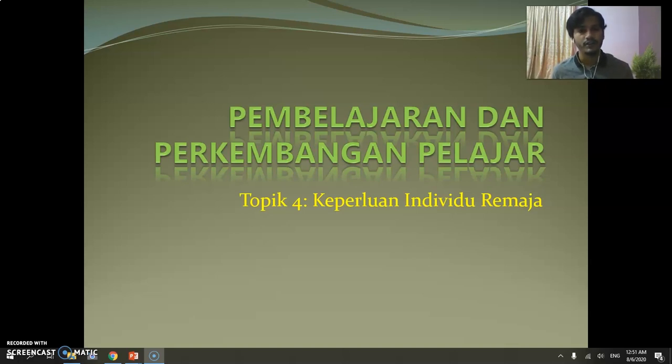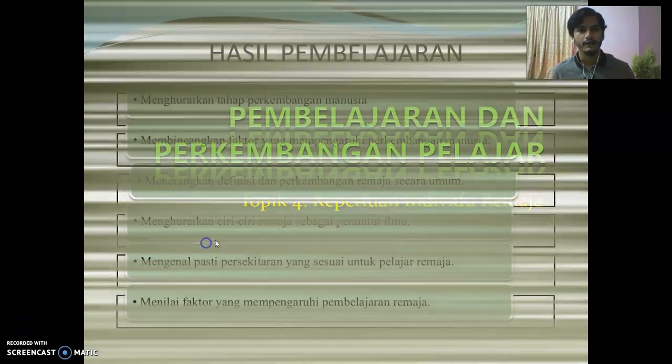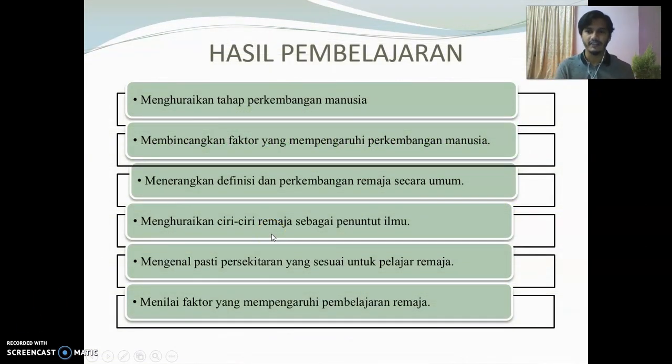So hasil pembelajaran yang kita akan belajar for today adalah tahap perkembangan manusia, faktor-faktor yang mempengaruhi perkembangan manusia, definisi dan perkembangan remaja secara umum, dan juga ciri-ciri sebagai penuntut ilmu.